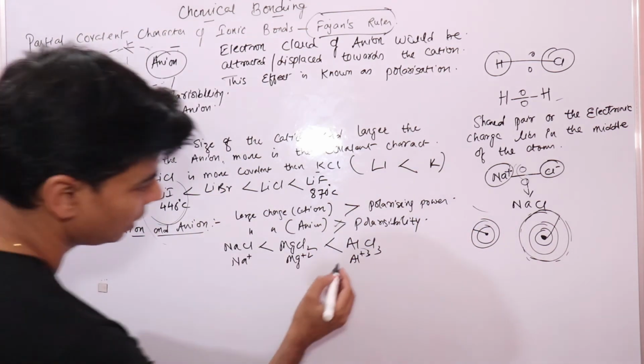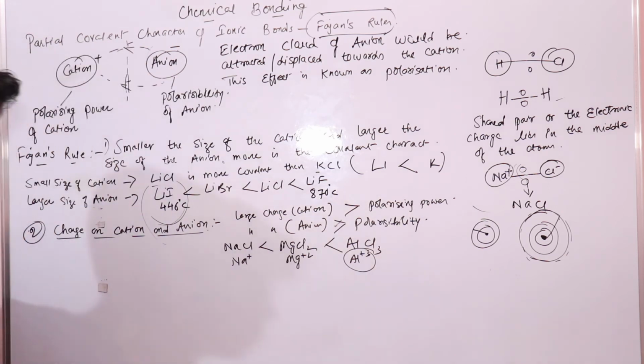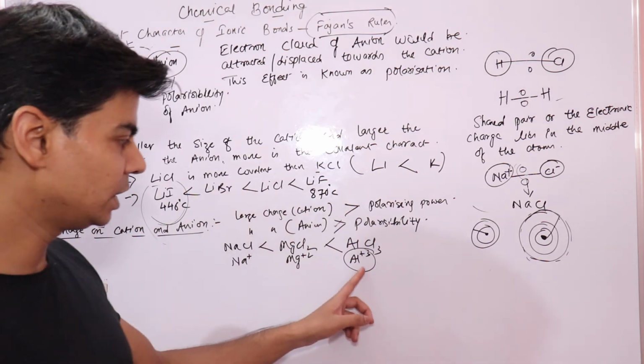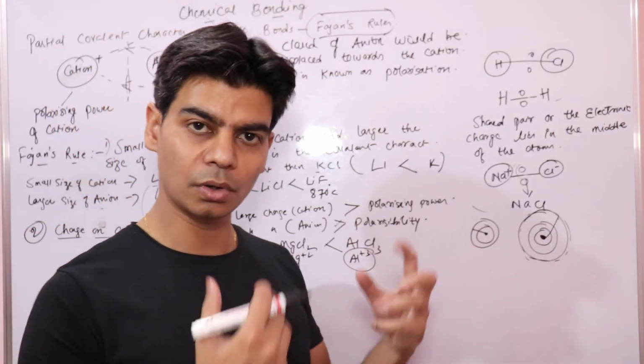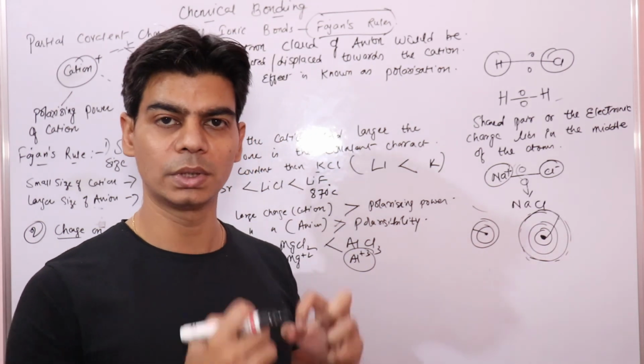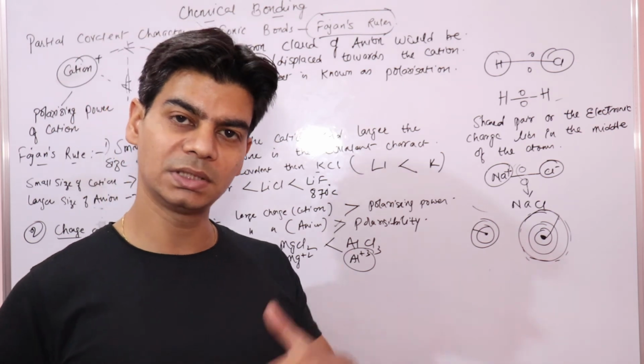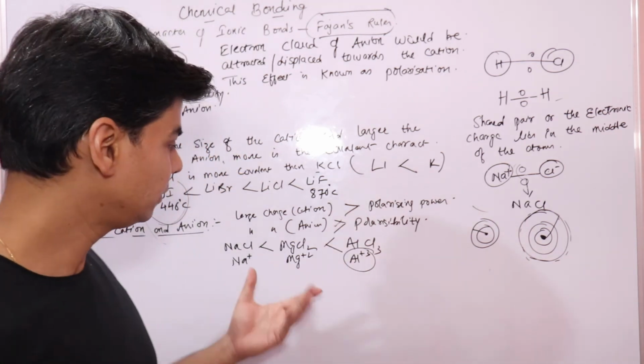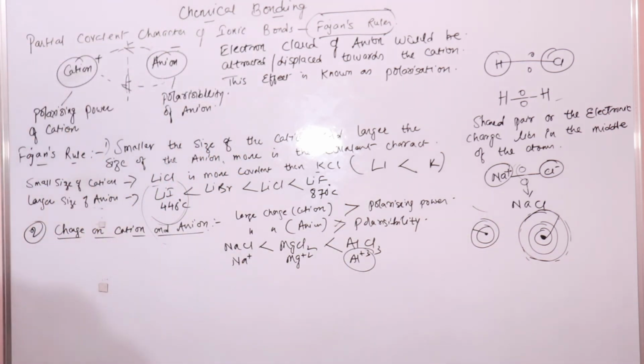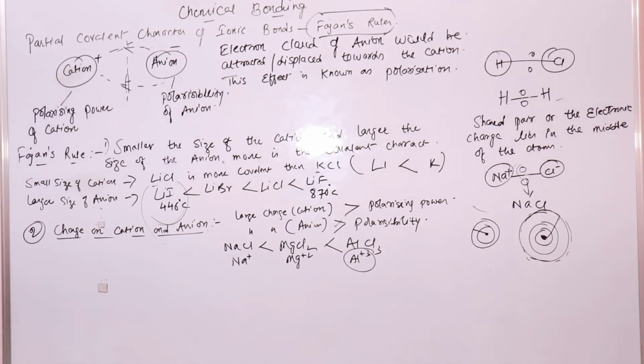That is why we say the higher the charge on the cation, the more easily it can distort or attract the electron cloud towards itself. The more easily it can attract the electron cloud towards itself, the more covalent character it will have. So these are the two rules; we still have one more rule.